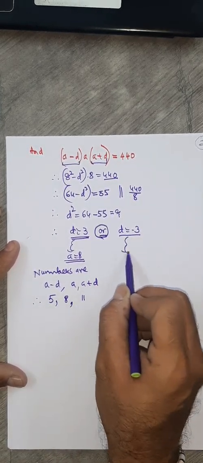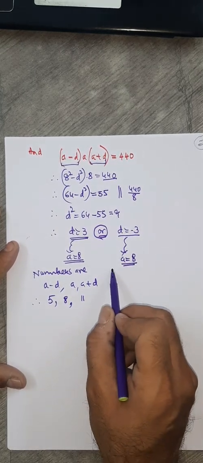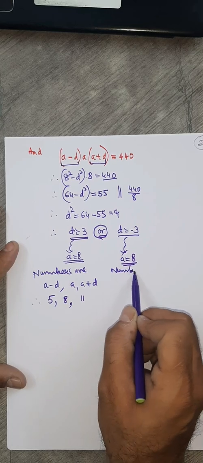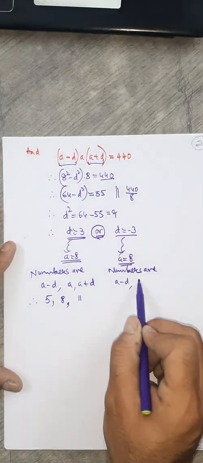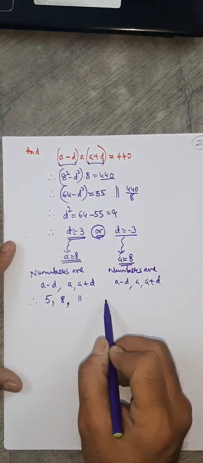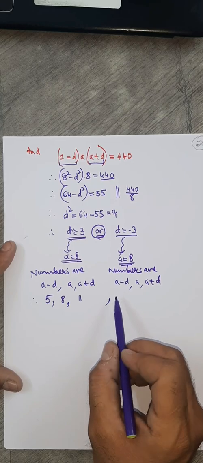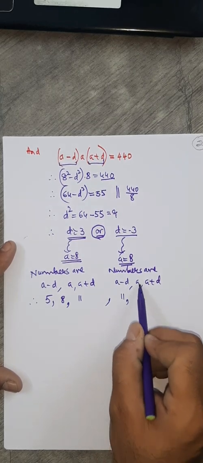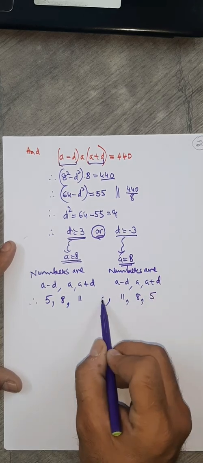Or what about the other case? Here a is 8, that's fixed. The numbers are a minus d, a and a plus d. Now a minus d means 8 plus 3, so here it is 11, then 8, and then this is 5, just in the reverse order.